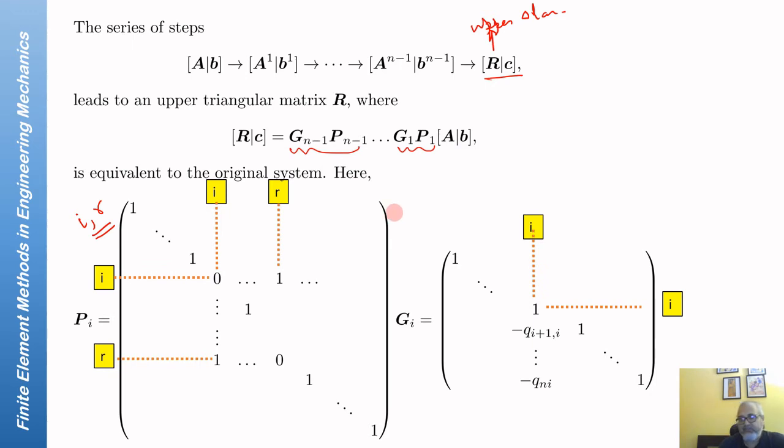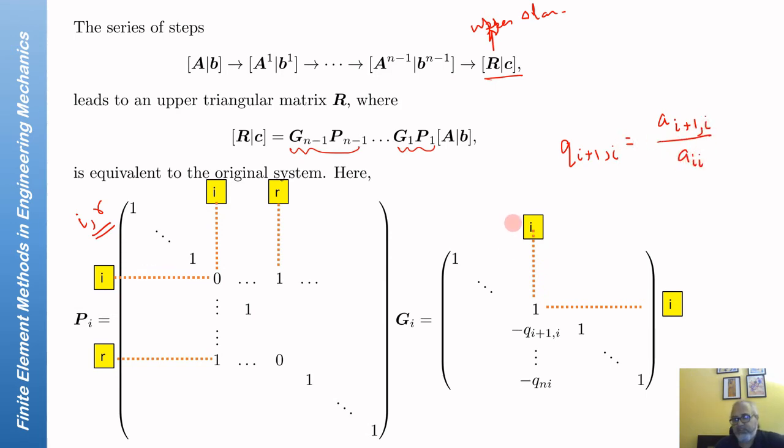At the ith stage of this process, similarly, the Frobenius matrix, this g_i, has ones all along the diagonal, and below the ith diagonal (ii) term, you have minus q_(i+1,i), where q_(i+1,i) is equal to a_(i+1,i) divided by a_ii.